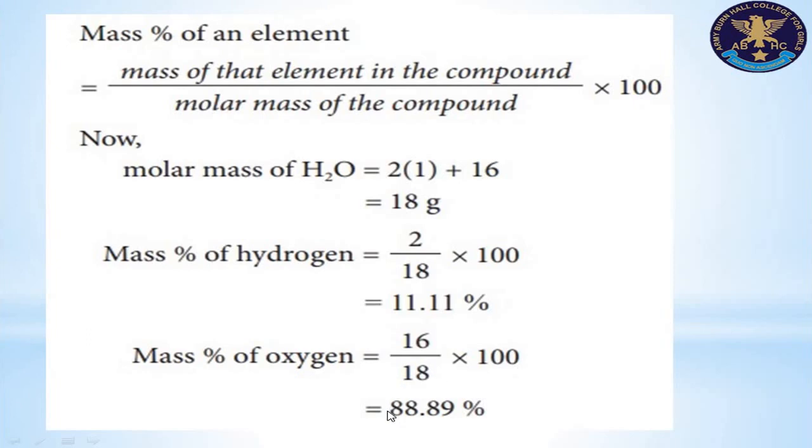And the value is equal to 88.89%. After calculating the percentages of both hydrogen and oxygen, we have to add up both these percentages, and the value will be equal to 100. So in this way we can calculate the percentage composition of any compound given to us.